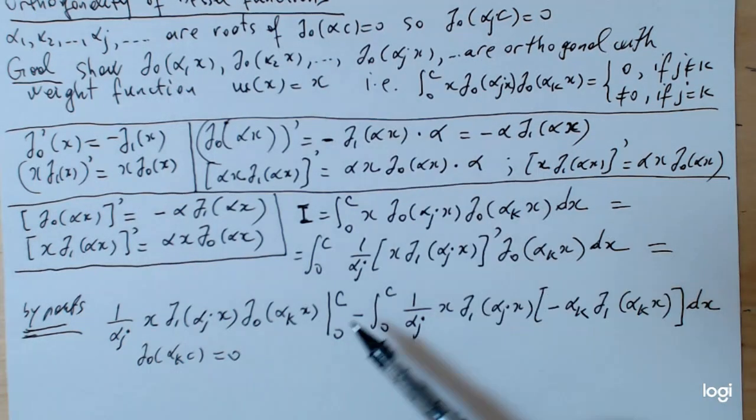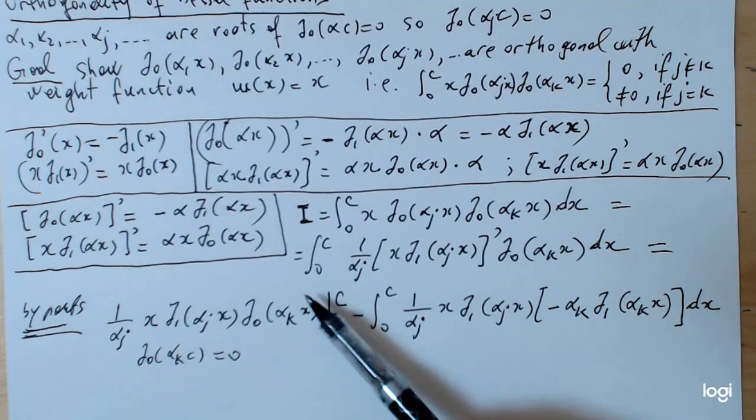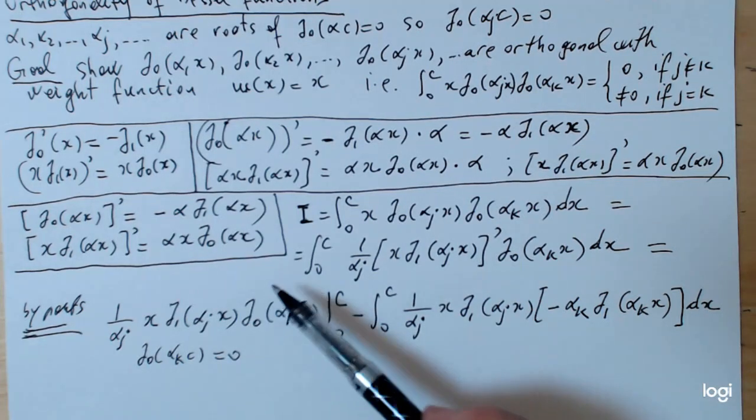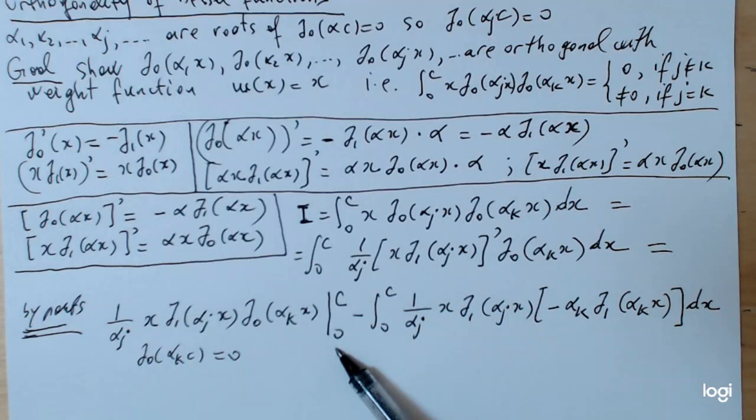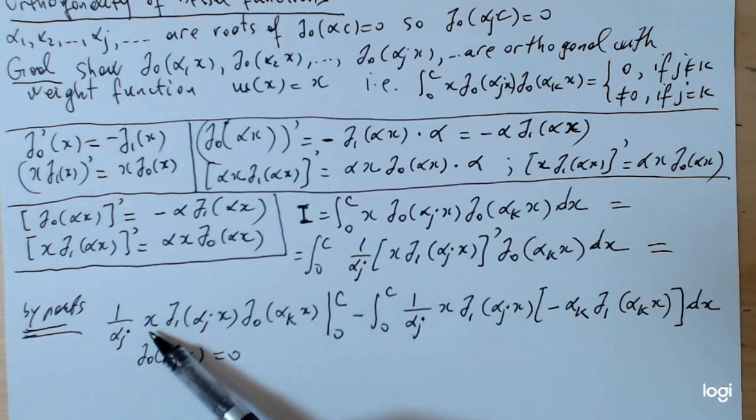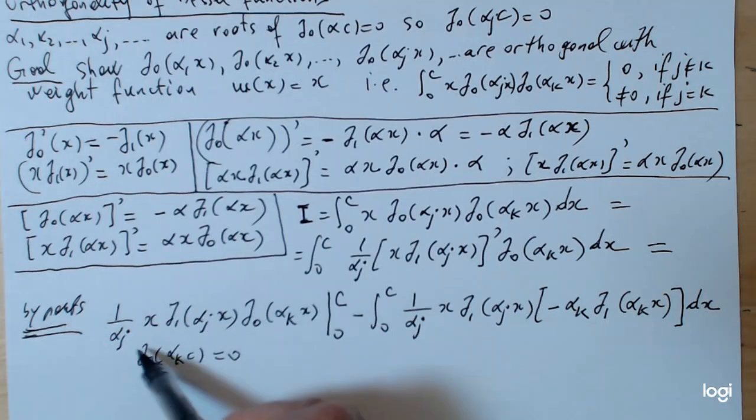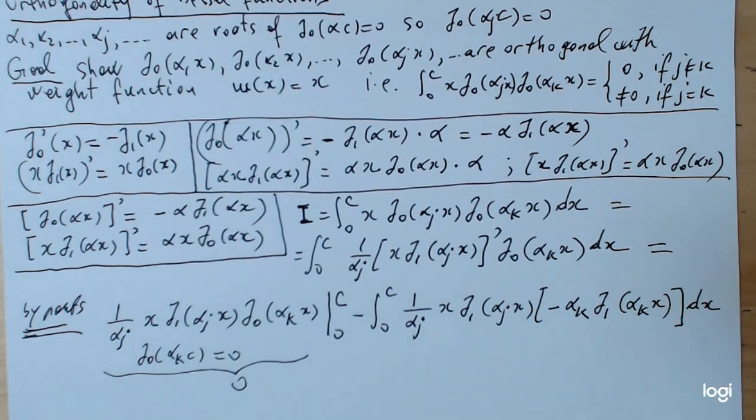So when I replace x with c, this becomes 0. When I replace x with 0, the whole thing becomes 0 again because x is a factor. Okay, so because of this, this part here ends up being 0. And let's clean this up a little bit.